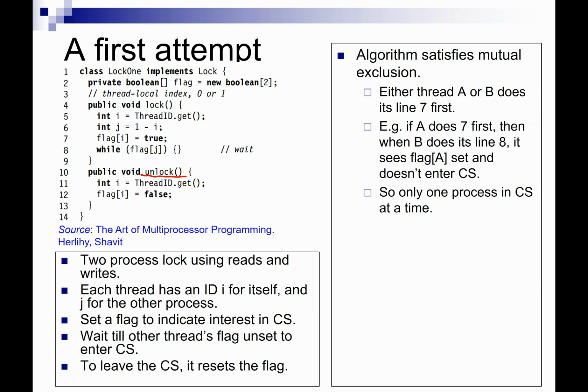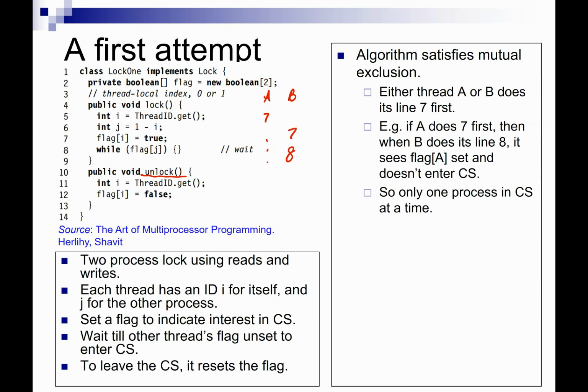Because they have an interleaved execution, one of them is going to do line 7 first. Let's suppose A does line 7 first. So here you have processes A and B. A does line 7, and then maybe later on B does line 7. We don't really know what A does, but we know that eventually B is going to do line number 8.